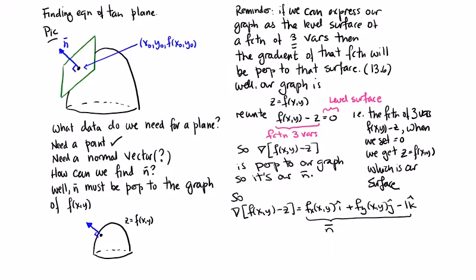So take a look. I'm going to circle some things. What we've got so far is a point right here, and a normal vector, which is right here. So we can put them together to get the equation of the tangent plane.